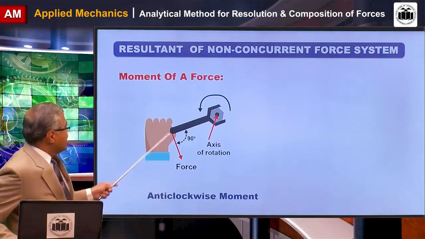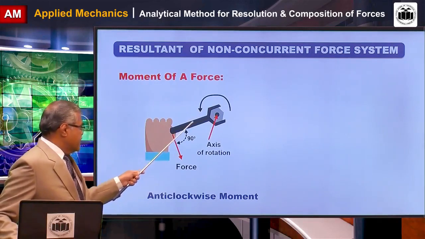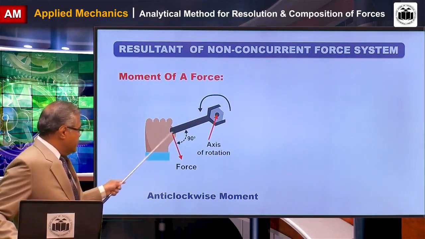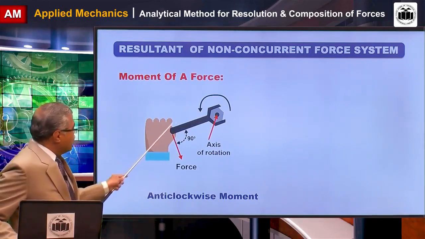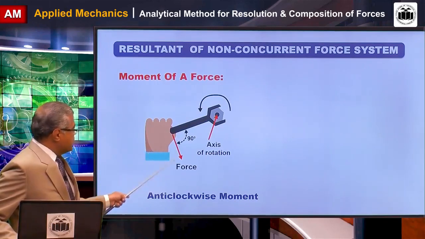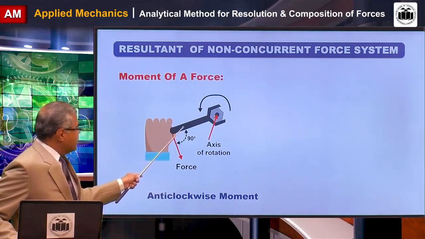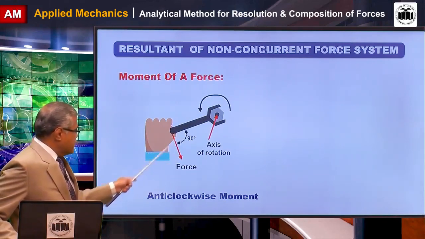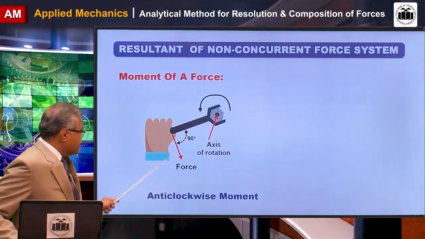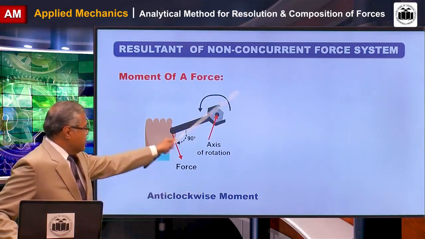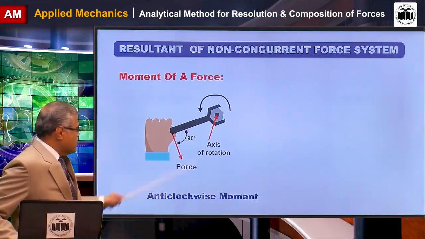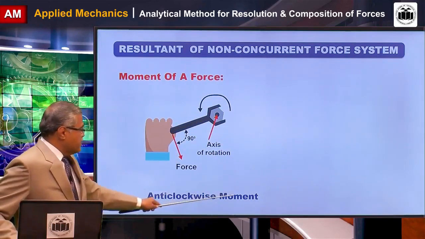Here I have taken one example of a spanner and a nut. A person is holding a spanner in his hand and applying a force in this direction, which makes an angle of 90 degrees with the spanner. Because of this force, the nut gets a rotational effect in this direction. This direction of rotation is called anti-clockwise movement.